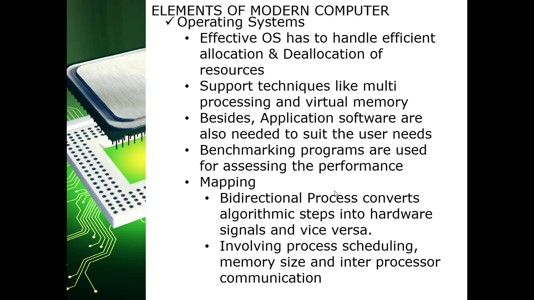These are all the complexities that a mapping process has to face. The OS has to resolve all these practical difficulties: process scheduling, memory optimization, memory size, and inter-process communication. Okay.